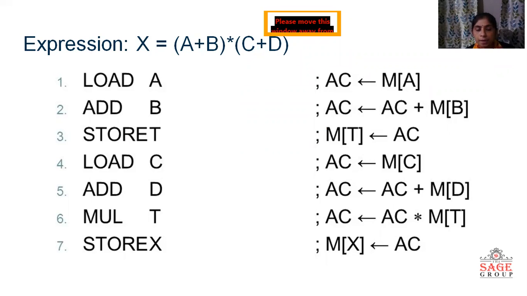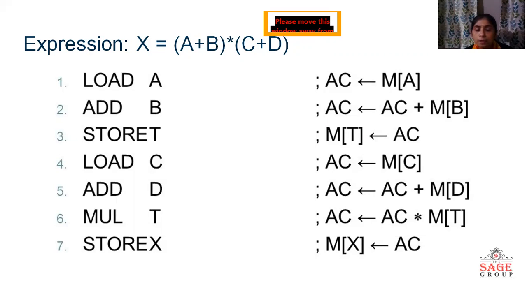Then in the second step, ADD B: the accumulator now holds the operand A, and it is added with the operand at memory address B, and that sum is transferred into the accumulator. The previous contents are replaced by the newly added result.